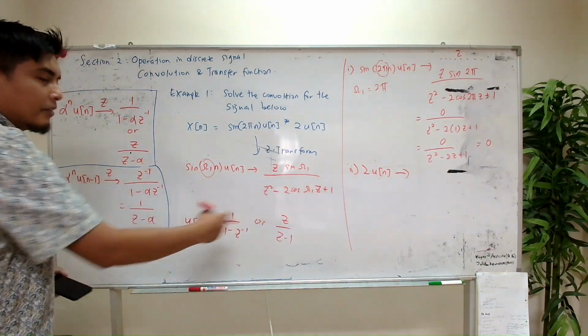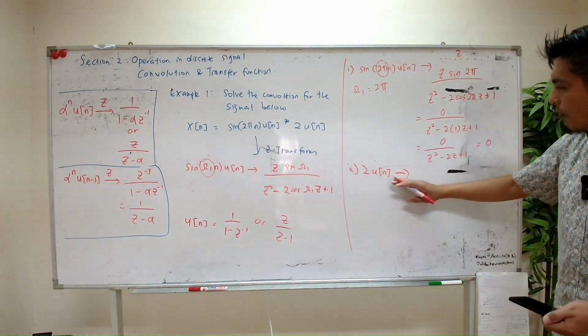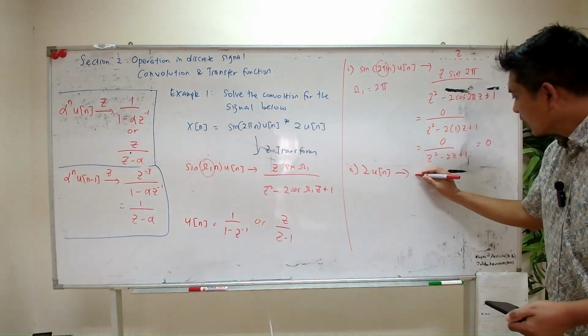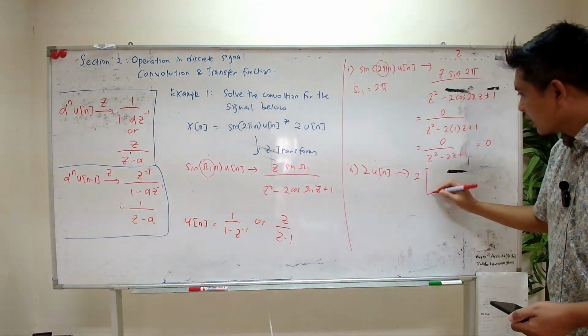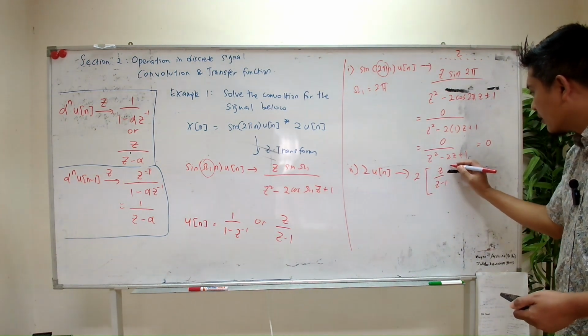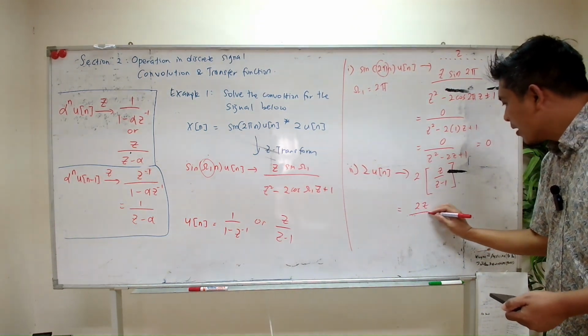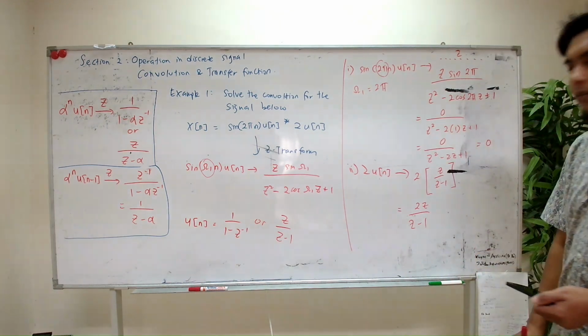Same thing, they are the same thing. Since we want to convert to the Z transform, 2 u[n] becomes Z over Z minus 1. So finally you get 2Z divided by Z minus 1.